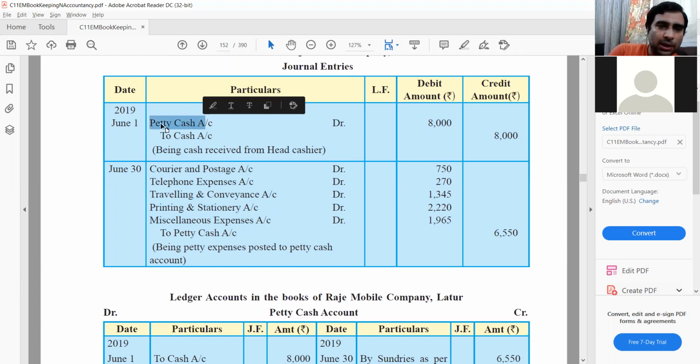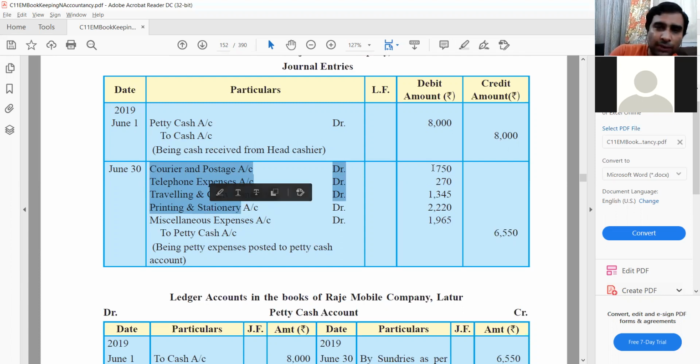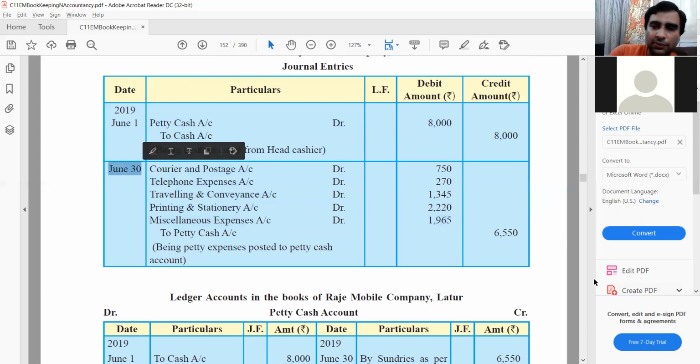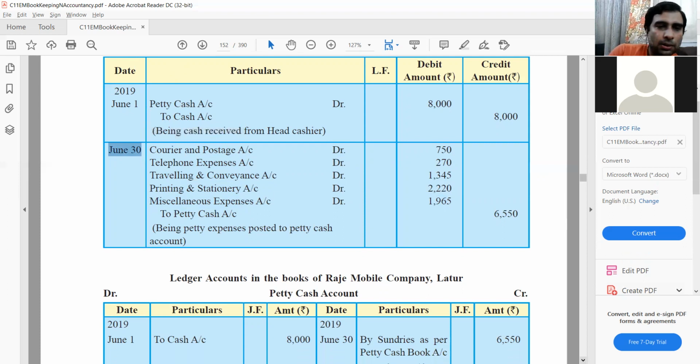So that is petty cash debit, and the main cash box, cash went out, so it's a real account, credit cash there. These are all the expenses, nominal accounts, debit all expenses. You have these ready-made amounts. You are not passing those 5 entries separately for traveling and conveyance, those 6 entries separately for miscellaneous expenses. It's all merged and only one entry is passed on the last day of the month.